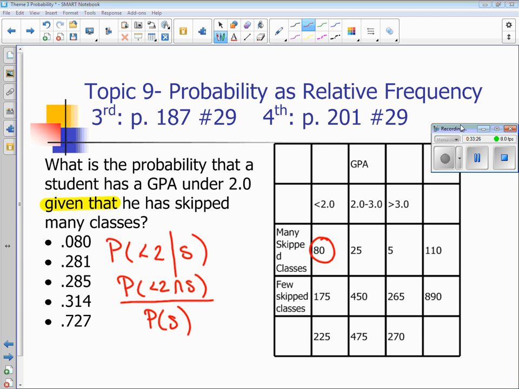Right? So isn't that just 0.727? Given is what you divide by, if that helps. That's the total that you divide by. Are we good? Okay.